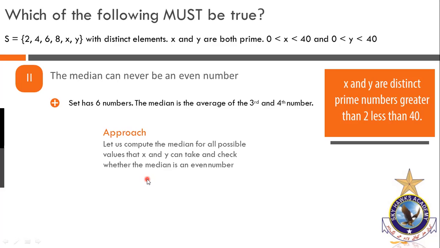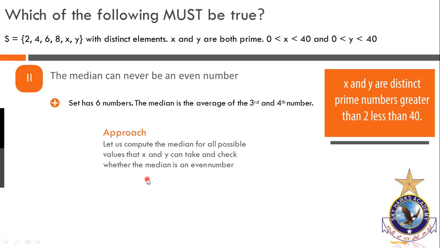So we'll have to look at all prime numbers which are greater than 2 but less than 40, and they must be distinct also. We are looking for two numbers, one for x and the second for y, and we will arrange the data in ascending order.